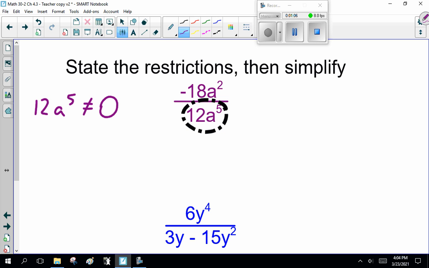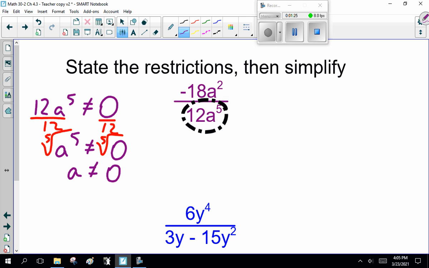So that means we have to solve for a. In this case, the process is 12 a to the fifth cannot equal 0. Take the fifth root of both sides. The fifth root of a to the fifth is a, and the fifth root of 0 is 0. So our restriction, our non-permissible value, is a cannot equal 0.